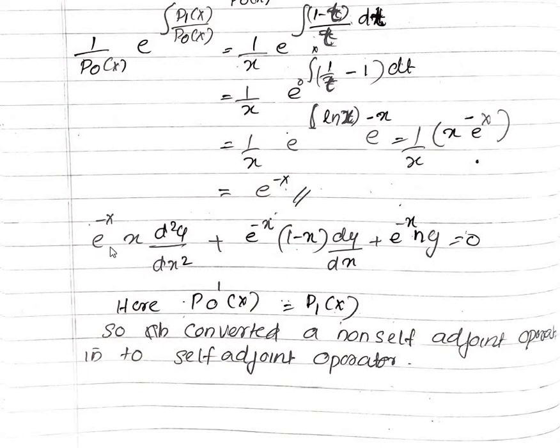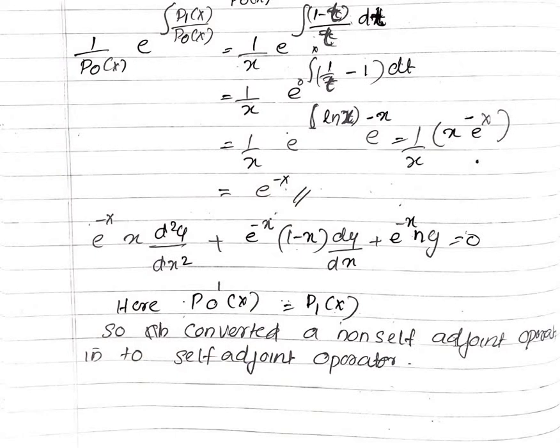There are two terms multiplied, x into e raised to minus x. When we differentiate, you will get e raised to minus x with one term, then e raised to minus x into minus e raised to minus x into x, the second term. So that is equal to e raised to minus x into (1 minus x). When you differentiate this, you will get this term. That means p0 dash of x is equal to p1 of x. So this equation is a self-adjoint equation.